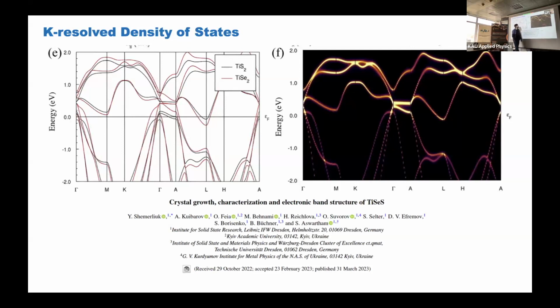What does it mean? It means that, for example, here a very high amount of states is localized. And for example, here we have not so high an amount of states. And it's easily connected to what I said previously.